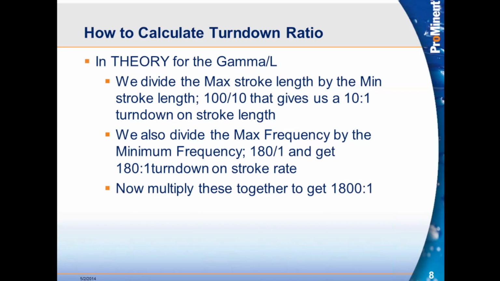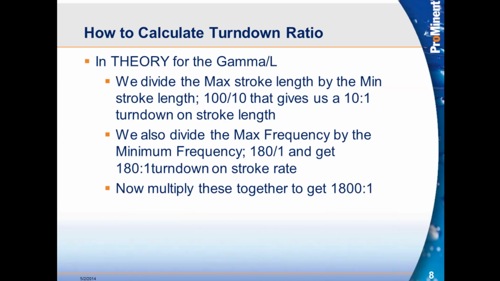So the maximum stroke length, again, maximum to the minimum, comparing as a ratio, we say we have 100% stroke length, and we'll divide it by 10%. So that gives us a turn down of 10 to 1. So we've got a turn down on our stroke length of 10 to 1.